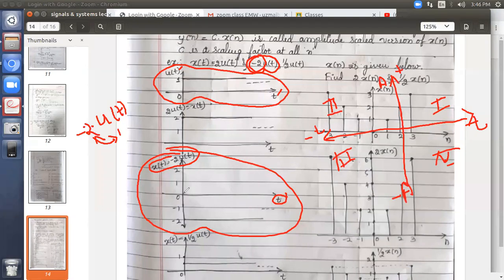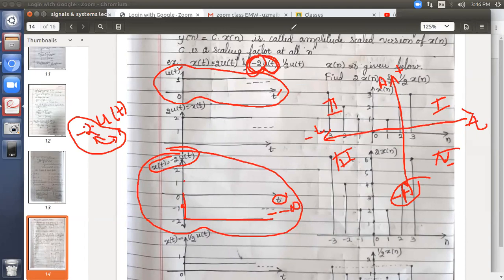So if I take this as 0, plus 1 and plus 2, then minus 2 is marked below, in the opposite direction, minus 1 and minus 2. So the amplitude you will get is minus 2 into 1, which is minus 2. So here you should draw like this. This is your second signal extending up to infinity. This is also the scaled version, minus 2 of u of t.